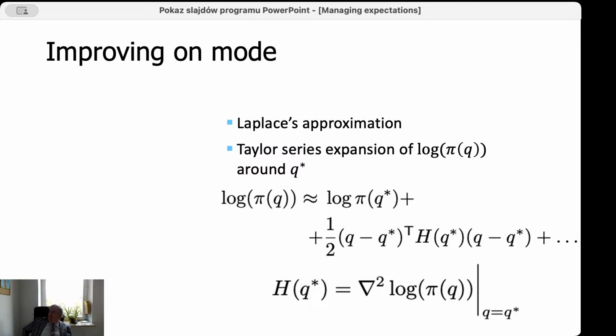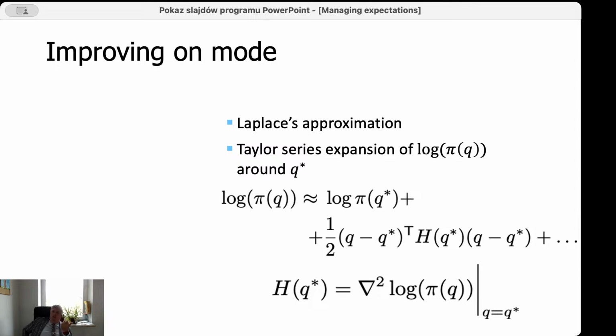Laplace approximation was, of course, proposed by Pierre-Simon de Laplace, and its general idea is to create an approximation of the probability density function or probability mass function in the parameter space around the mode of the distribution, assuming that if we capture the shape of the distribution by this approximation, we are relatively well prepared to quantify its uncertainty.